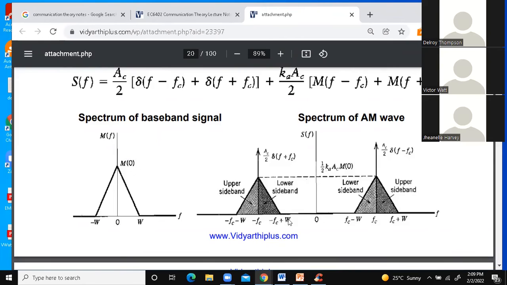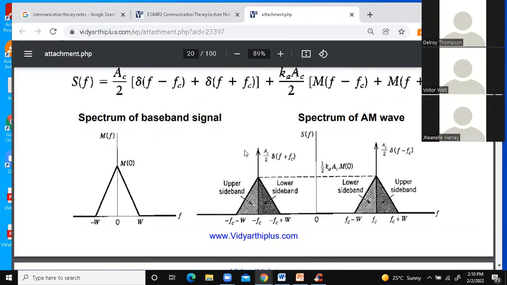And here, we are doing the same thing with the transformed frequency. We are plotting this.